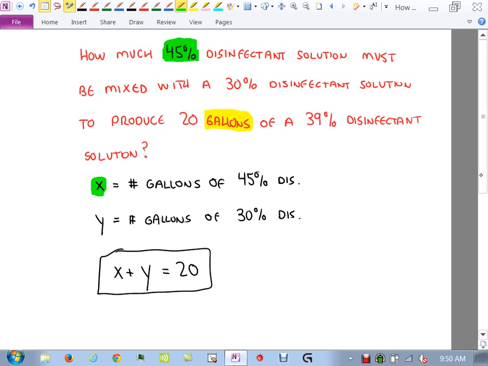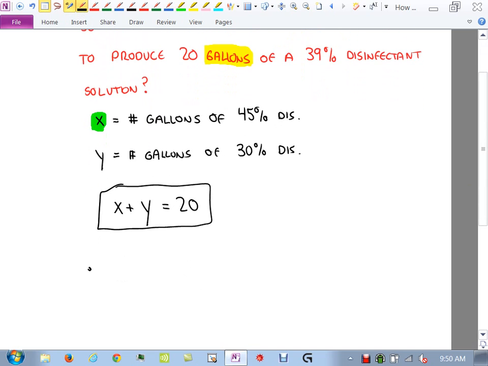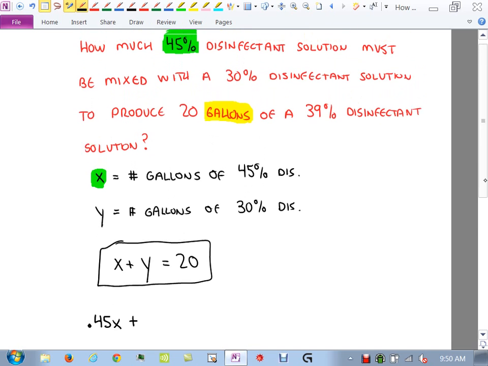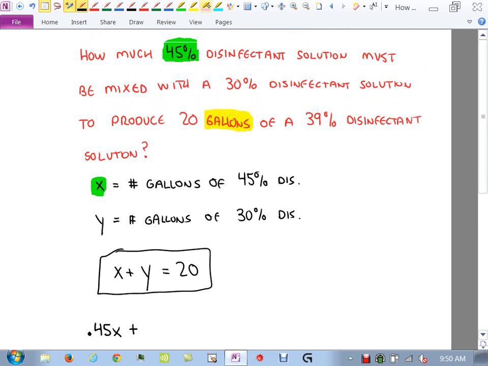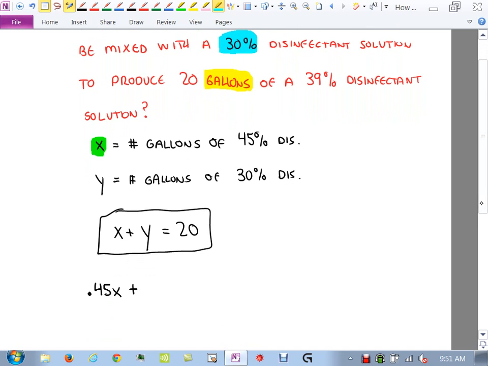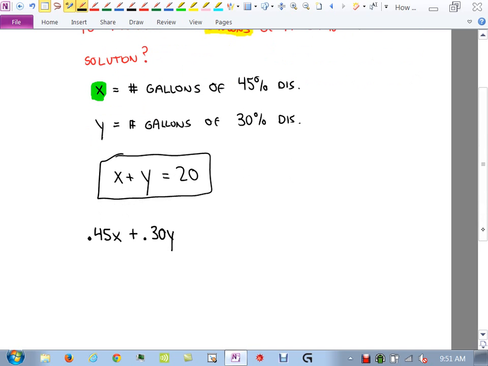X, okay? So the next equation will become 0.45x plus the next part of the equation comes from the 30%. 30% goes with what variable? The y. So 0.30y. Is that all right?